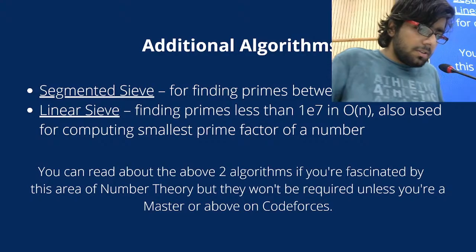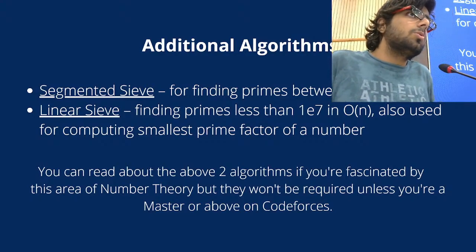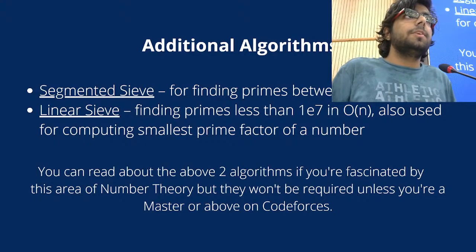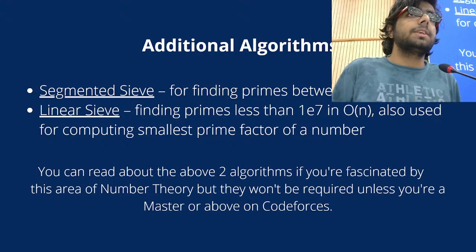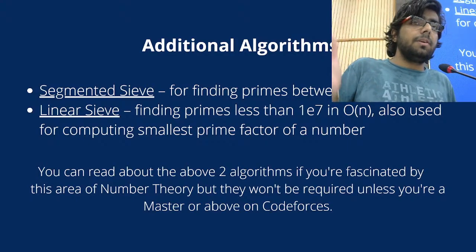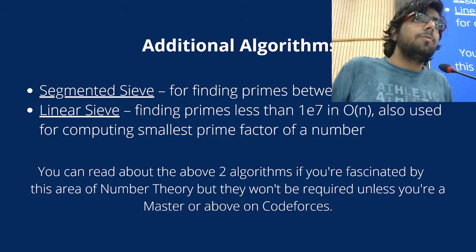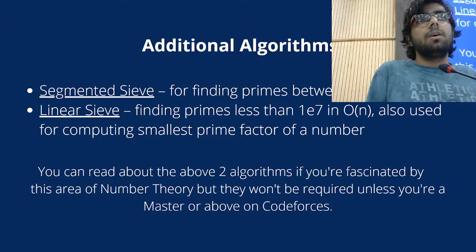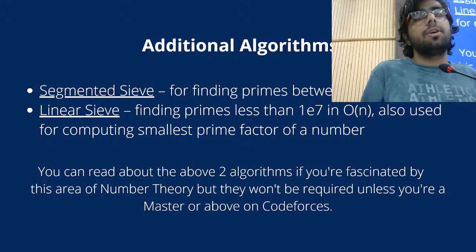No ideas. So what we basically do is we go to the square root of the bigger number, and for multiples of each i, for i equal to 1 to square root of the bigger number, we create an array of numbers from a to b, and then on that array we mark the multiples of 2, 3 until square root of b.